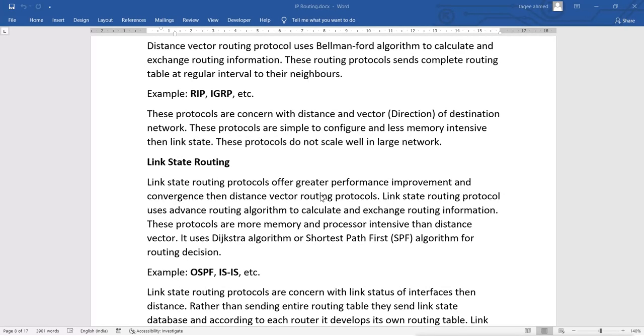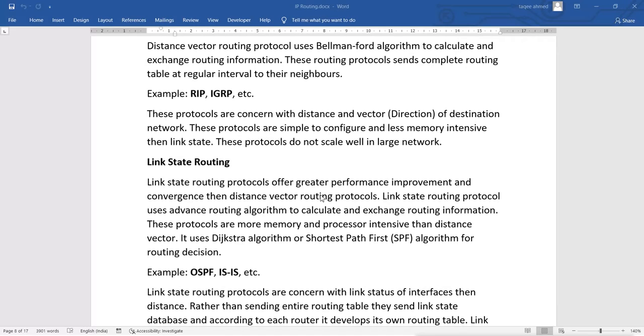Link state routing protocol uses an advanced routing algorithm to calculate and exchange the routing information. These protocols are more memory and processor intensive than distance vector. Because it uses the advanced algorithm and does more calculation, it puts lots of load on your router and is very heavy on your router.